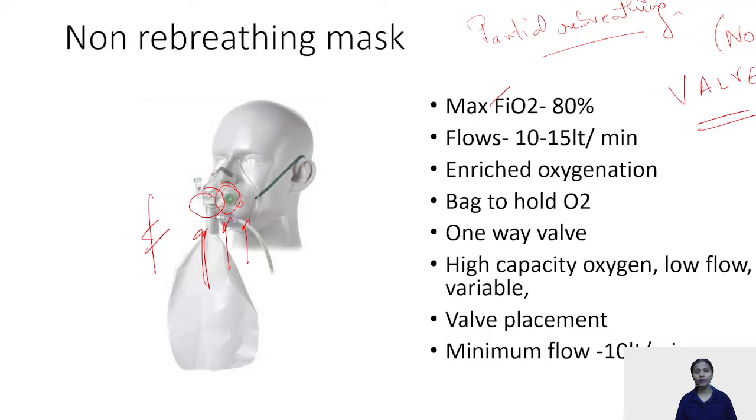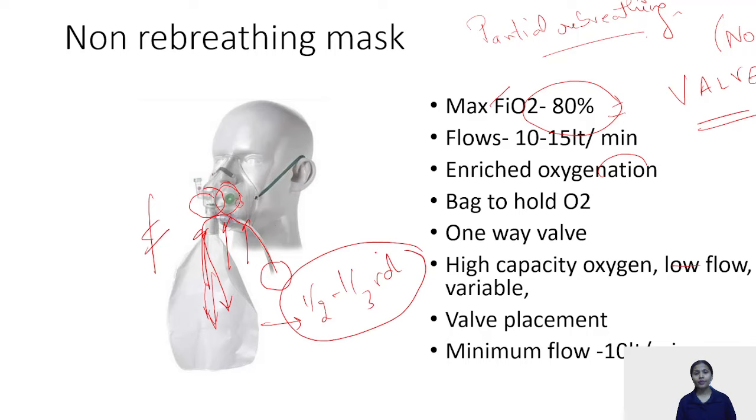I hope I'm clear. The FiO2 which the non-rebreathing mask can deliver is around 80%. See, this is the oxygen port, which is attached to the flow meter. When the flow meter is turned on, the oxygen is going to flow into the reservoir bag. The reservoir bag has to be kept around half to one-third full always.